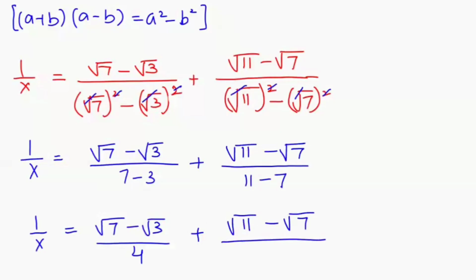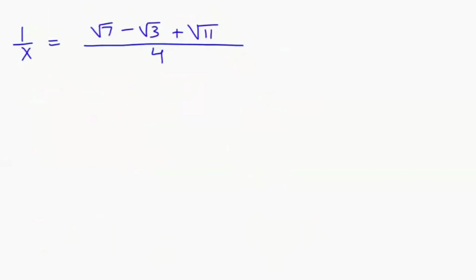Here again 4 is remaining. Now we have the common denominator, so I'm going to write all the numerators the same: 1 over x is equal to root of 7 minus root of 3 plus root of 11 minus root of 7, over 4.